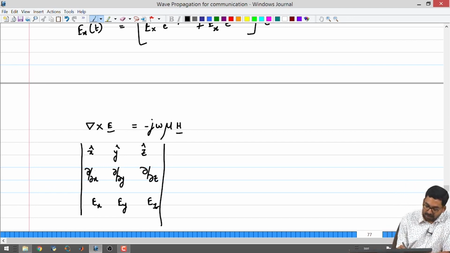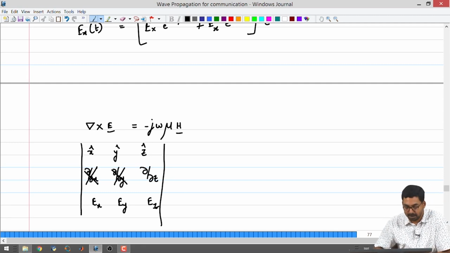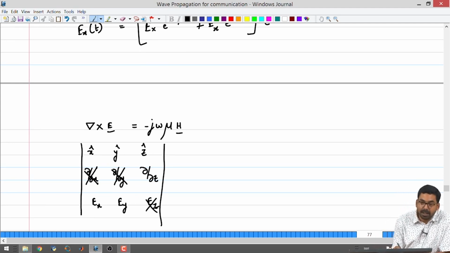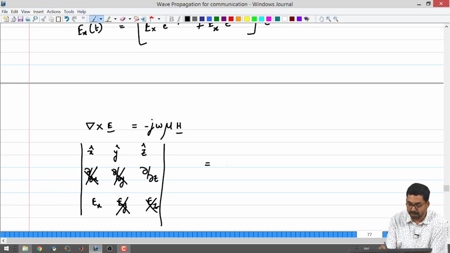We already know that we can cross out dou by dou x and dou by dou y because the propagation direction is along z, and there is no way you can have Ez, you can cross that out. Ey we have assumed to be 0, we are having only Ex. It's the condition that we have posed. And the right hand side is minus j omega mu H.